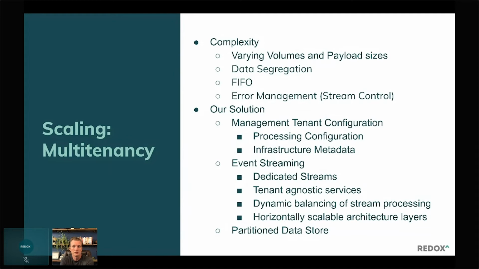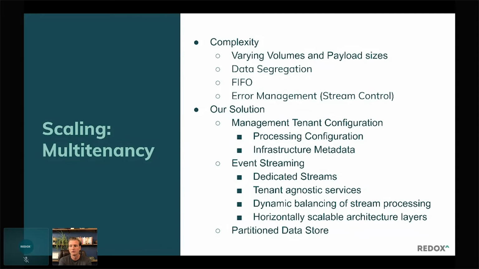And then we adopted an event streaming architecture in order to solve a lot of these other problems. Each tenant essentially has a dedicated stream where their unique ID identifies which stream their data is processed over. But our services at the same time are actually agnostic to our tenant streams.